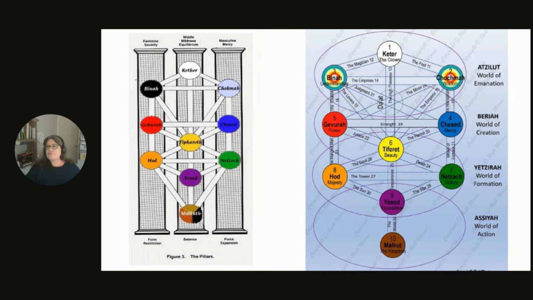Probably apart from experiencing programming that involved God rejecting you and harming you, or Christ, the most damaging of all is mother betrayal, abandonment, and rejection. And so the splits that are on that mother pillar, they contain the very primal instincts of the individual.